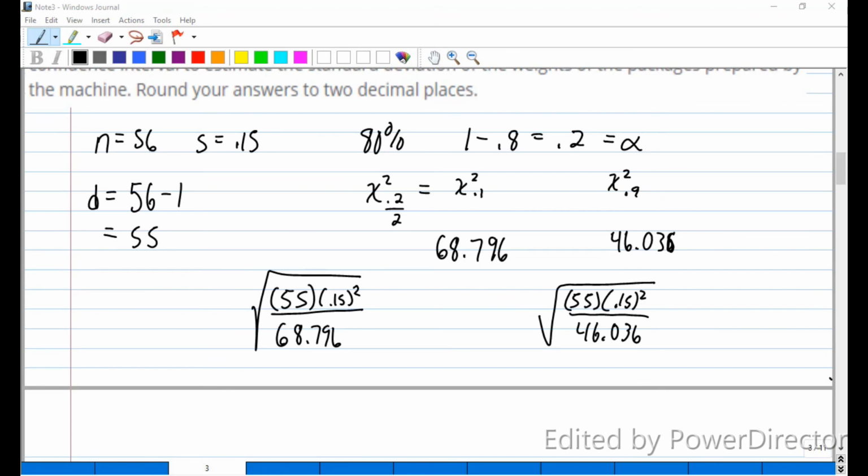All right. So I got 0.134. And what? If I do 3 decimal places, 0.